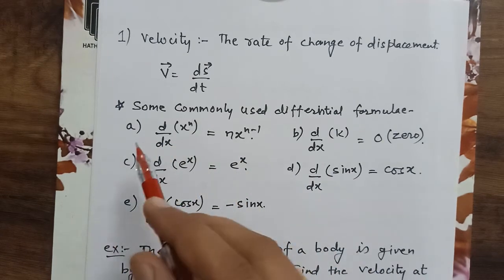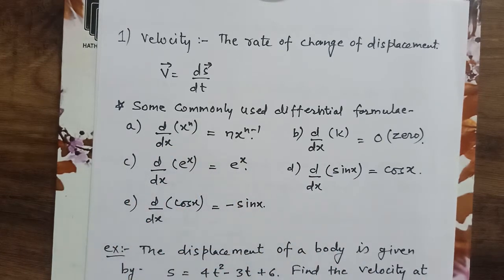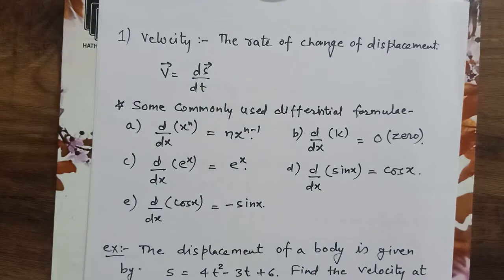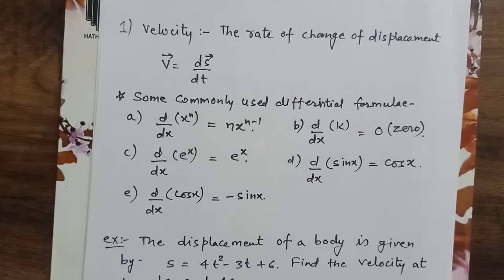These are some commonly used differential formulas which we will use in finding the velocity when displacement is given. Displacement must be a function of time, and normally we describe motion as the change of position with respect to time.